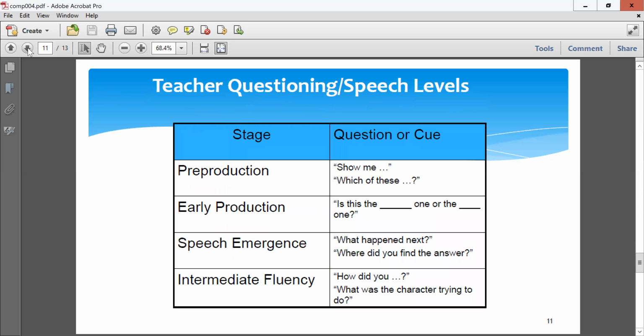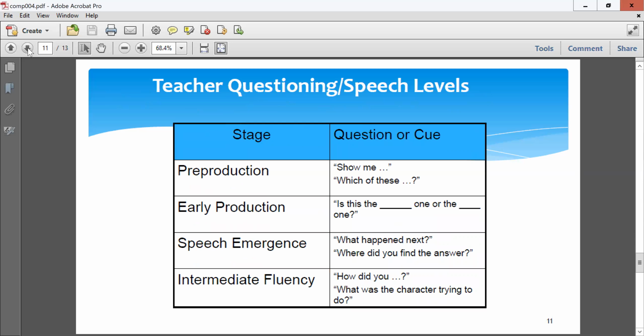So here's an example of some questioning that you might use with each stage. So with a pre-production student, you may say, show me the red circle. Or in early production, is this the red circle or is this the red circle? Is this the blank one or is this the blank one?